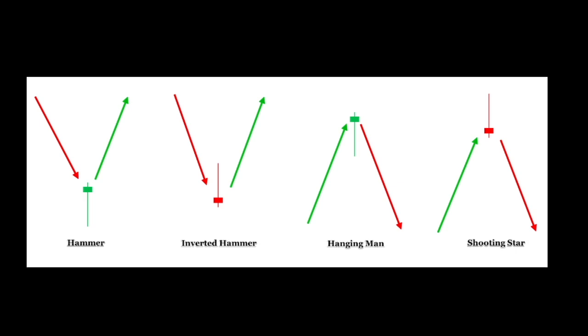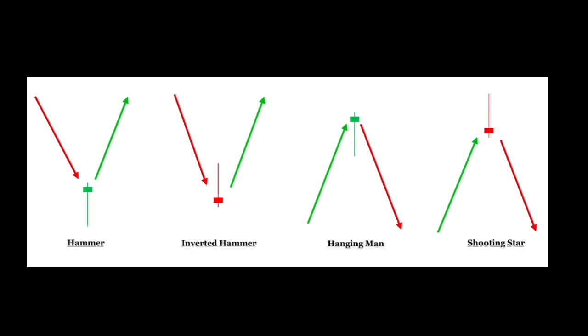This is why I mentioned the shooting star earlier. It's called a shooting star when it appears in an uptrend. So that's definitely a key takeaway, because the shooting star, if it's showing in an uptrend, signifies the beginning of a downtrend. Sorry if I stumbled over my words right there.